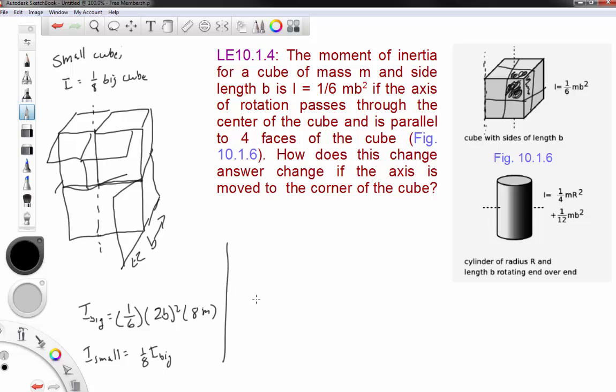So that means that if you were to move the axis of rotation through one corner of the small cube, then you have 1/8 of all this, so we basically need to divide this by 8. That cancels out, and so you end up with I small equals 1/6 times 4b squared times 8m divided by 8. And so I small, which is what we're really looking for here, is 4/6, which is equal to 2/3 of m times b squared. So this is basically 4 times as much as the moment of inertia of this smaller cube here.